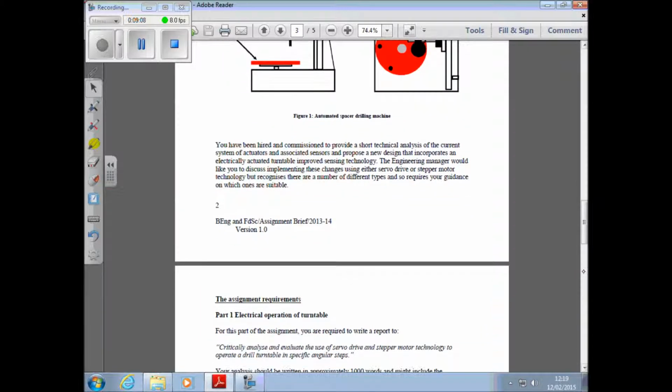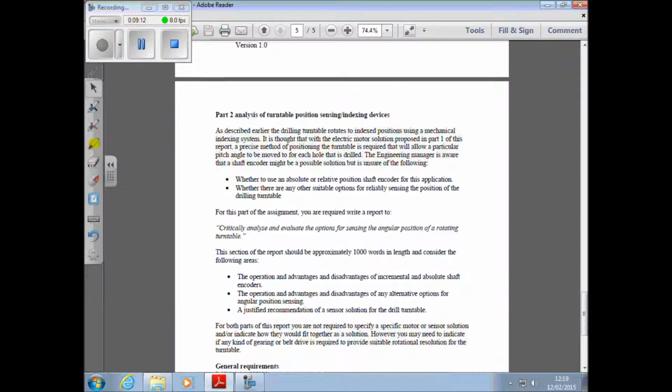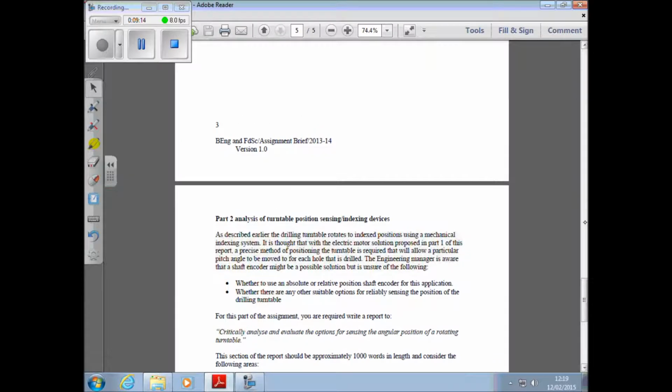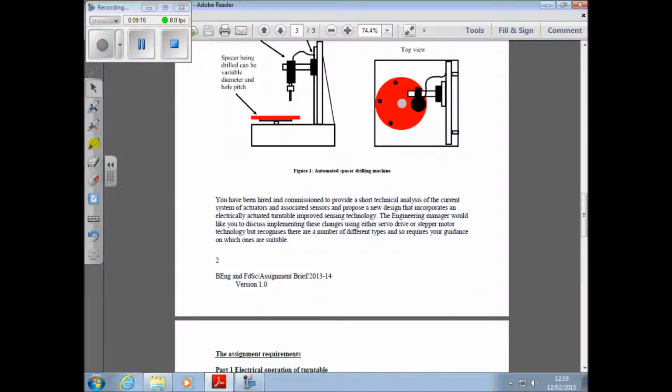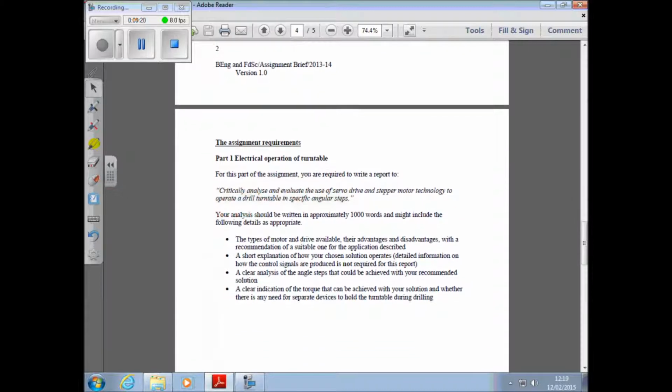So, assignment requirements. It's in 2 parts. Part 1. Electrical operation of turntable. For this part of the assignment, you're required to write a report to critically analyse and evaluate the use of servo drive and stepper motor technology to operate a drill turntable in specific angular steps.